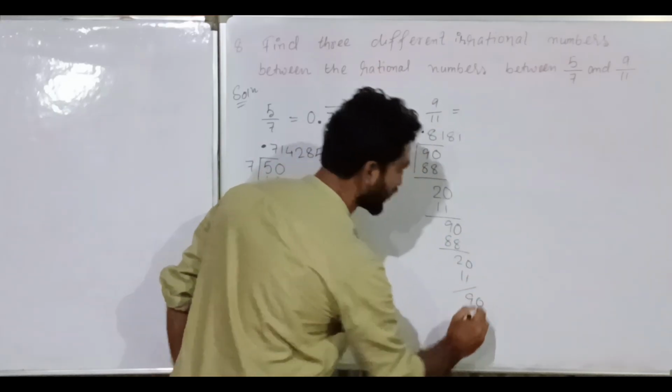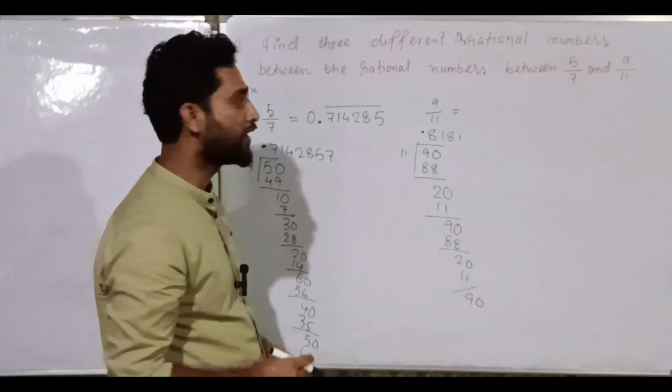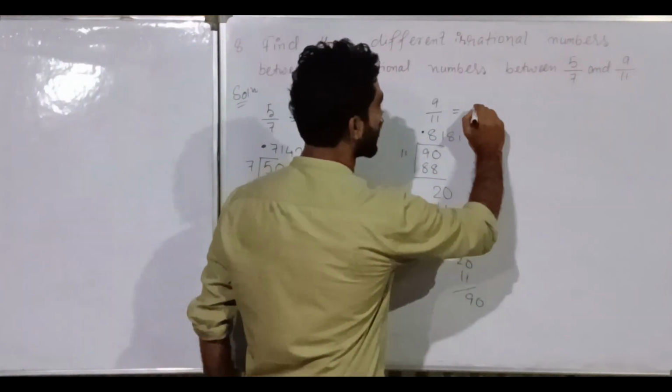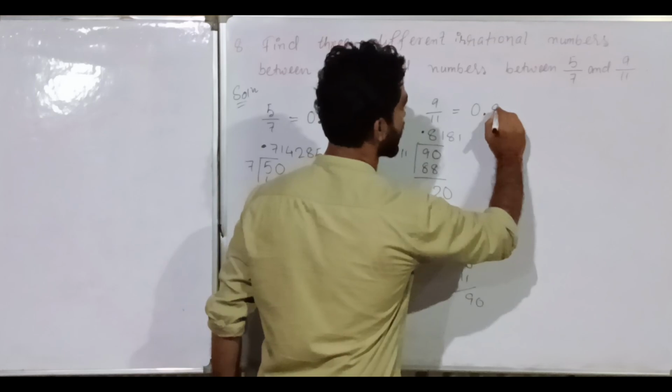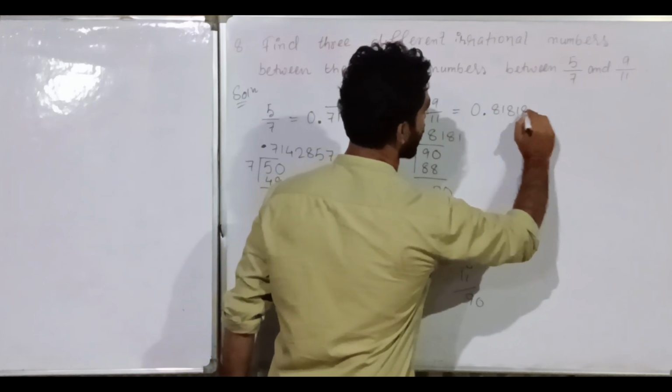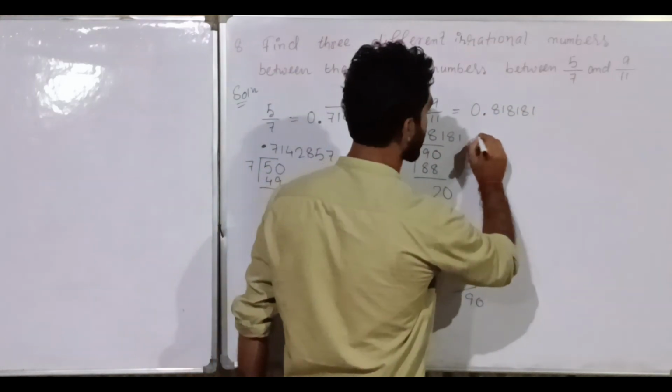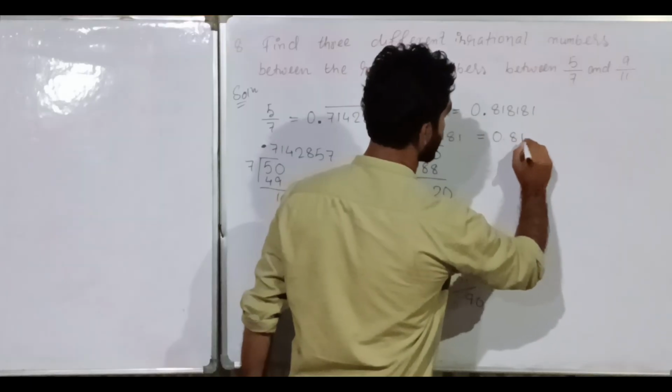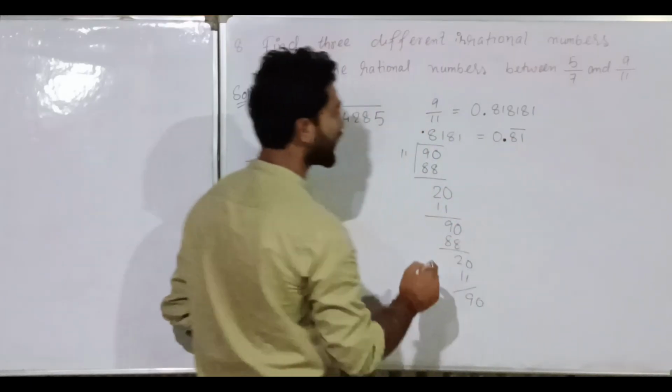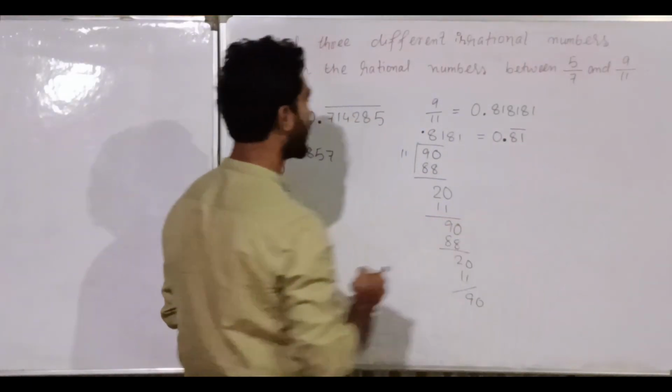So this decimal expansion will be non-terminating but repeating. So here we can see the repetition of the digits. So what digits get repeated? 81, 81, 81 like this. So this one we can write 0.81 bar. That means these two digits will be repeating.